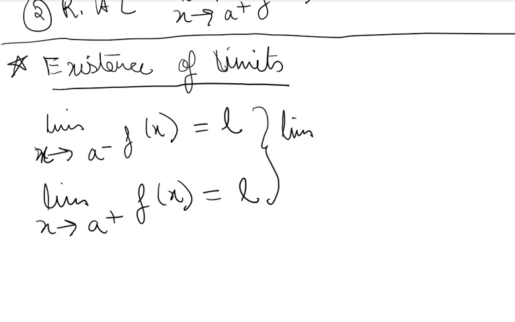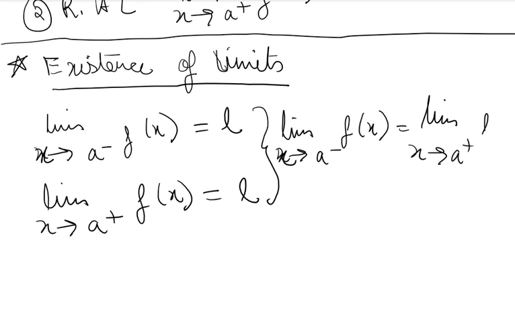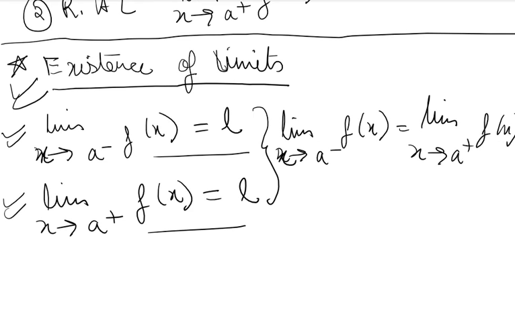So the limit as x tends to a negative of f of x is equal to the limit as x tends to a positive of f of x. So hence the limit exists. Here it's equal to L, here also it's equal to L, hence the limit exists.